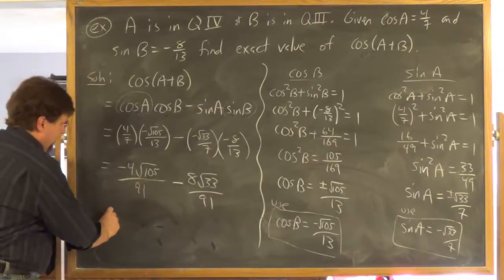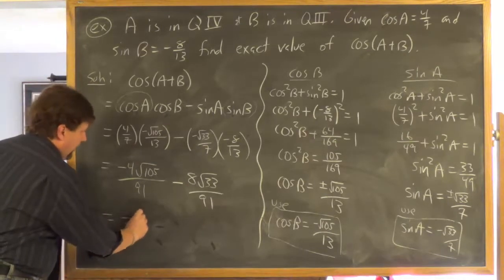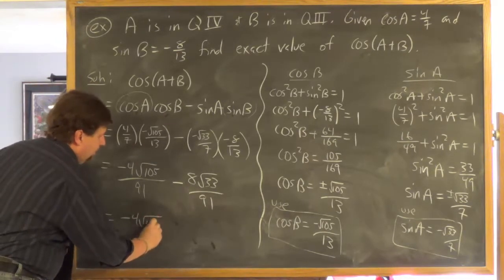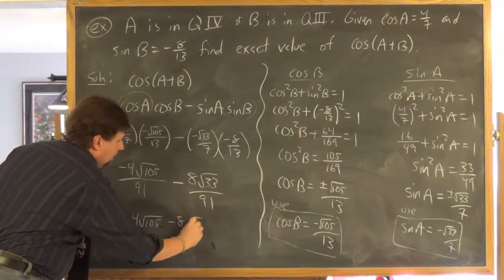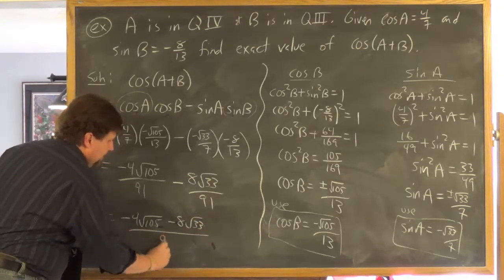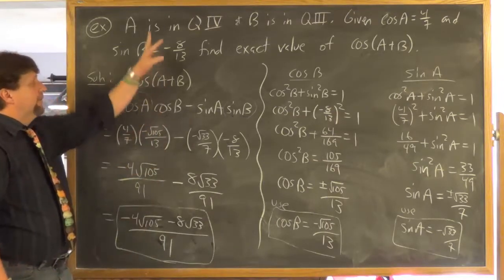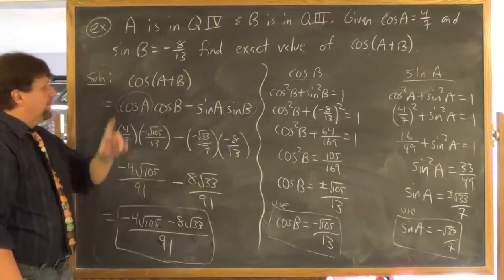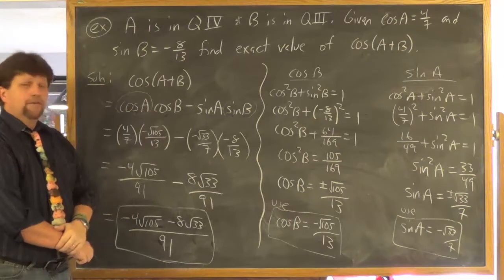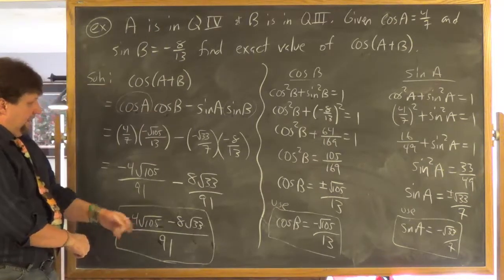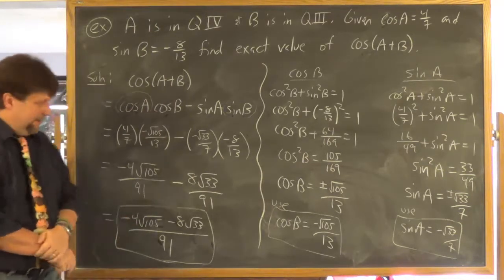And of course, since I have a common denominator, I can make one happy fraction out of this, if I so desired, and say that is the exact value of cosine A plus B. And that is quite a mess.